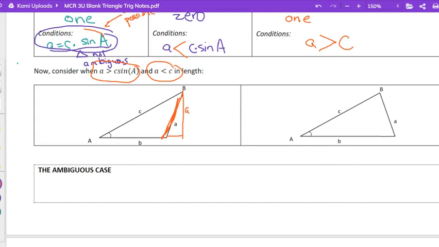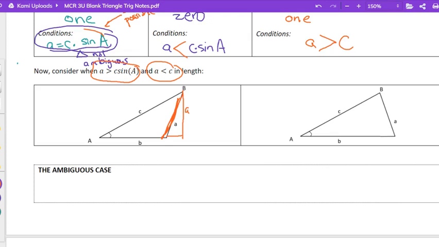but still shorter than C, we can make one triangle. Or if we keep swinging the highlighter and having it connect a second time to this horizontal line, we make a second one. Okay. Now, if I'm like, well, can't I just make an infinite number of triangles? Well, no, because if I put this A here, do you see how it's too long to connect to that horizontal B?